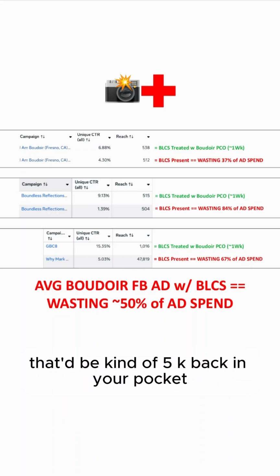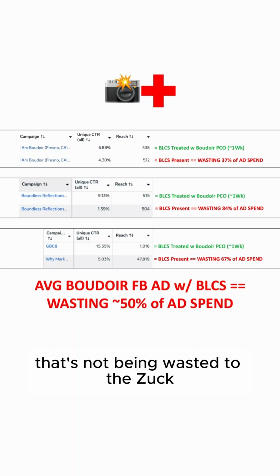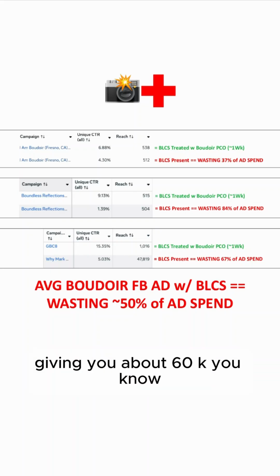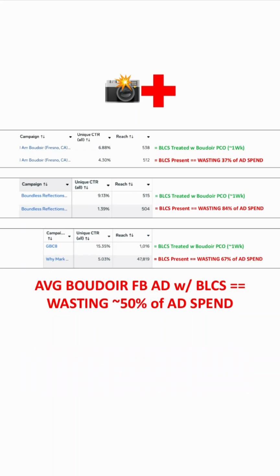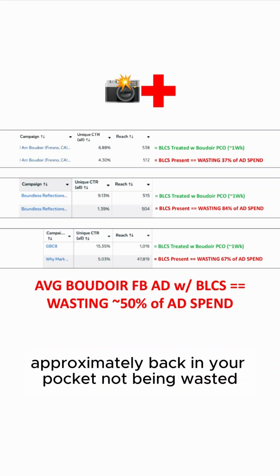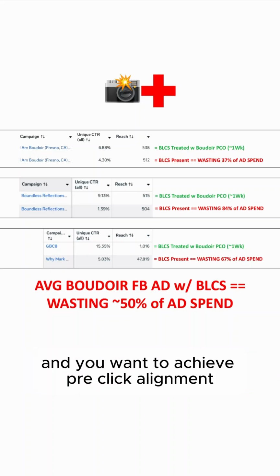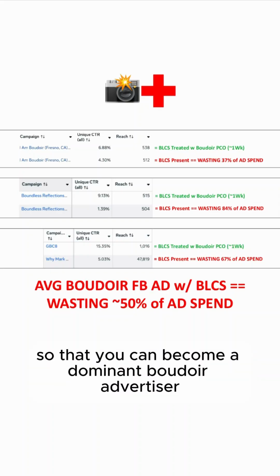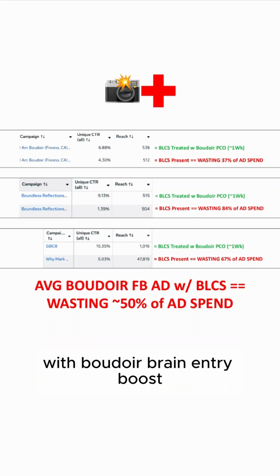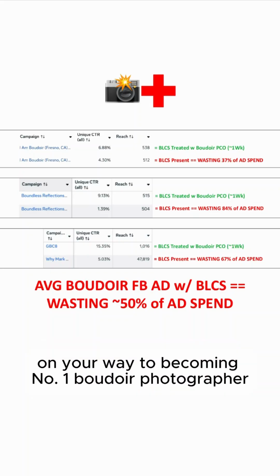That'd be 5K back in your pocket that's not being wasted to the Zuck, giving you about 60K over the next 12 months approximately, back in your pocket, not being wasted. And you want to achieve pre-click alignment so that you can become a dominant boudoir advertiser with Boudoir Brain Entry Boost on your way to becoming the number one boudoir photographer in your city.